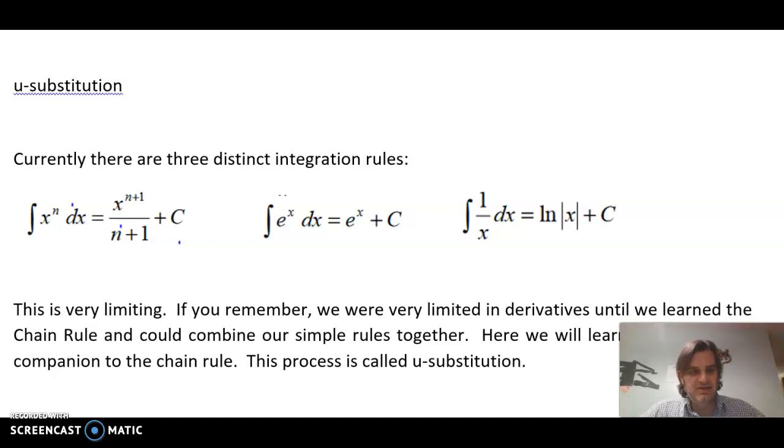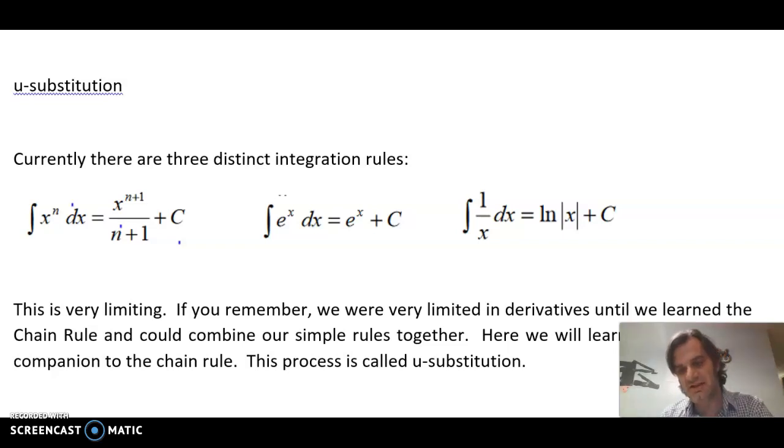Hey, Mr. Howard again. We're going to continue our integration discussion and move into u-substitution. You may remember when we started taking derivatives for this course, we started off with mainly three big rules, and that was the power rule, the rule for e to the x, and the rule for the natural log.